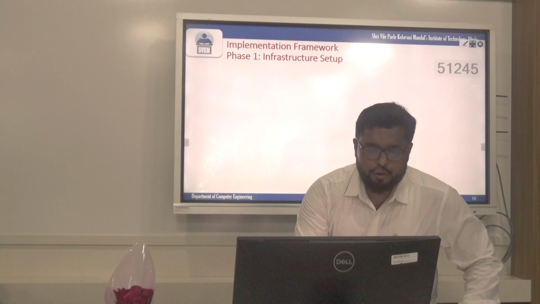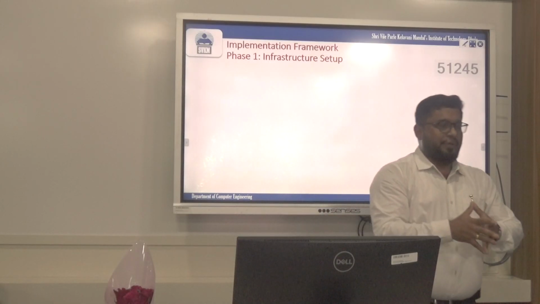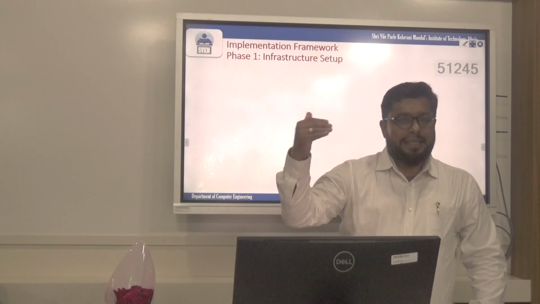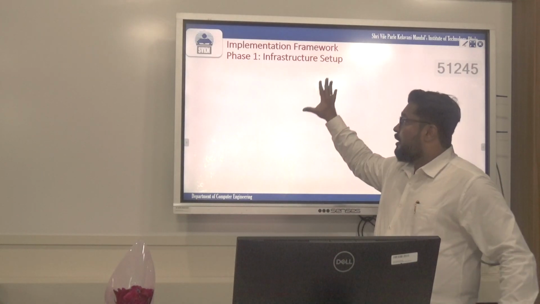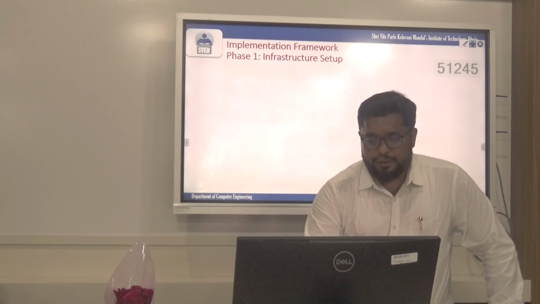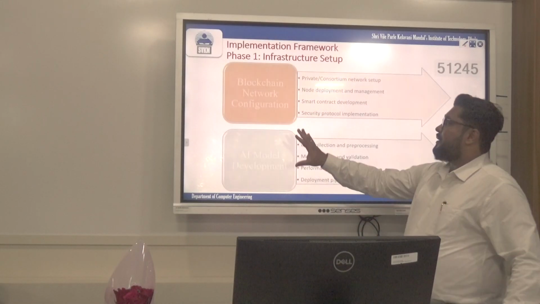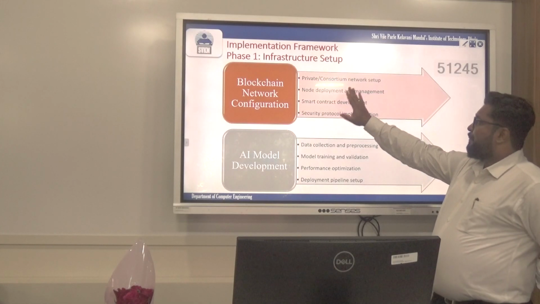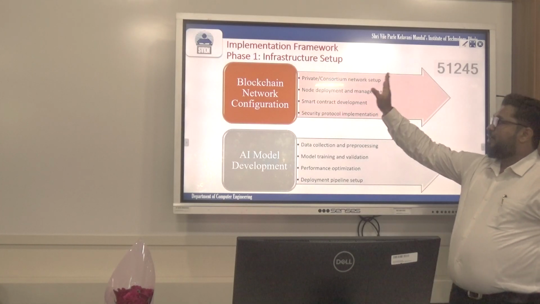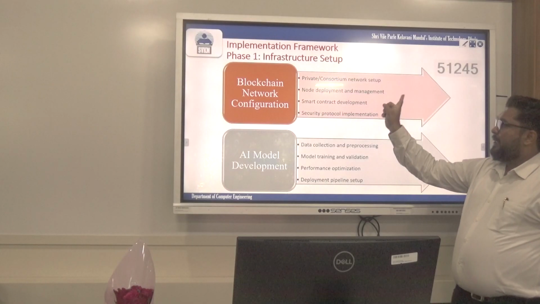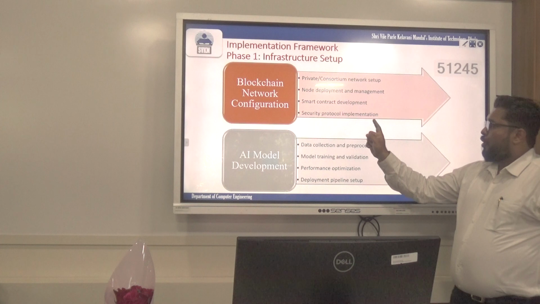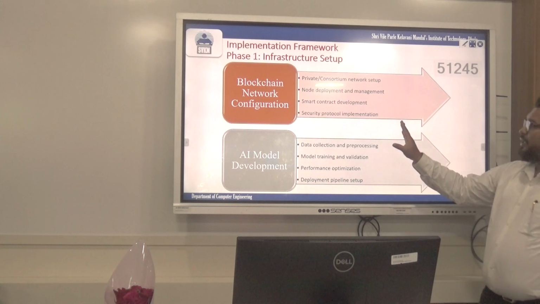Now we are going to implement our framework. We are actually implementing it later on, but I will show you how we can implement it. We require first the blockchain network configuration, which has a private or consortium network setup, node deployment and management, smart contract development and security protocol implementation.